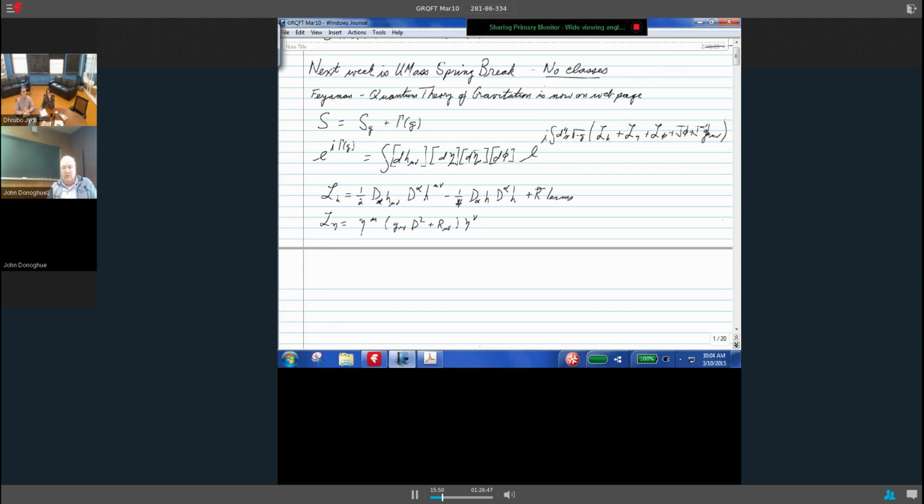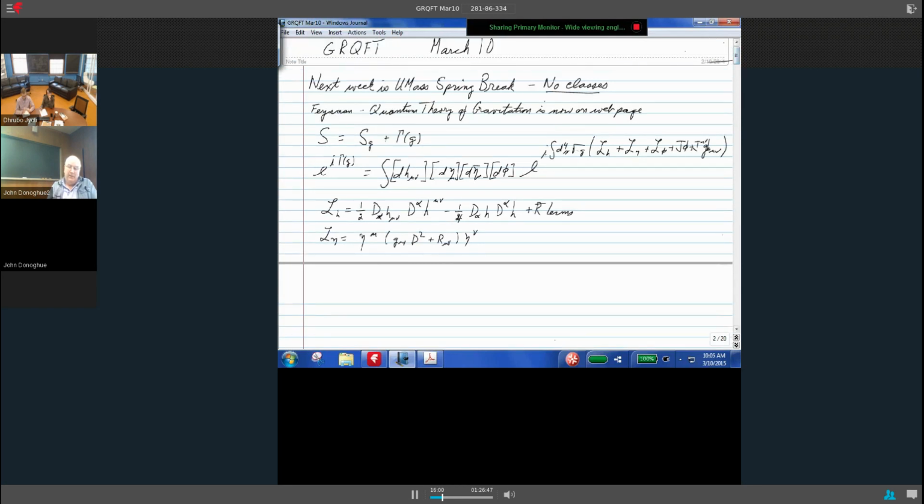They are fermions, yet they have bosonic propagators. Any field you want. Actually, this should be G mu nu. Sorry, that last one should be G mu nu, not H mu nu. H mu nu is integrated over. You can add sources for the fields if you want, but you don't add sources for the ghost field.